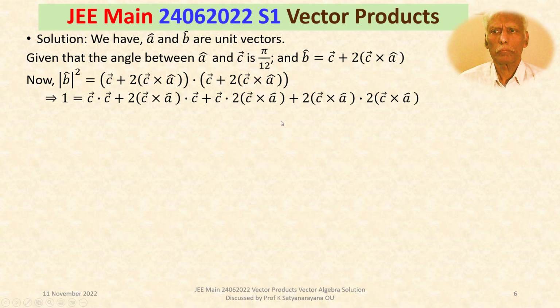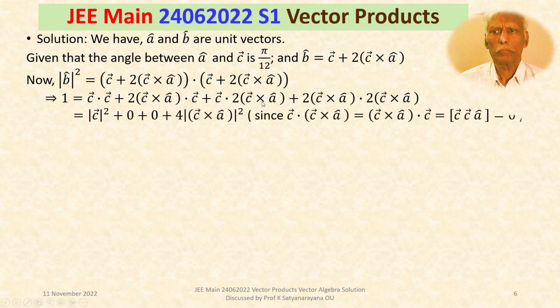In its determinant, 2 rows will be equal and thereby this scalar triple product will be 0, and this is mod of 2 into 2, 4 times mod of C cross A square. So this will be mod C square, and this is 0, the second is 0, 2 into 2, 4 times mod of C cross A square. And why these are 0?